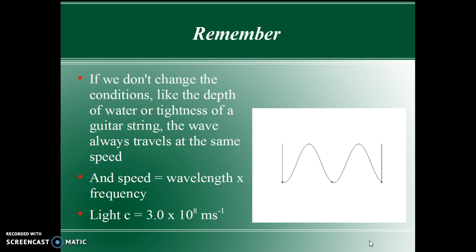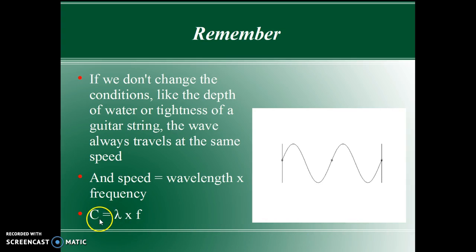If we don't change the conditions like the depth of water or the tightness of a guitar string or the medium in which the light is being transmitted, the wave always travels at the same speed, and speed is equal to the wavelength times the frequency. For the speed of light, we use 3.0 times 10 to the 8th meters per second.